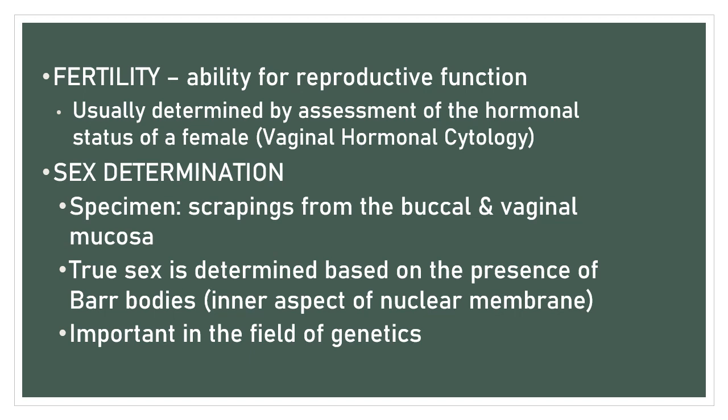And then your sex determination. Again, for your true sex, females have XX chromosomes, and then, of course, the association of your bar bodies with these XX chromosomes. The specimen is taken from your buccal and vaginal mucosa, from the lateral walls of your vaginal mucosa. Your true sex is determined based on the presence of a conglomeration of chromatin, which is your bar bodies.